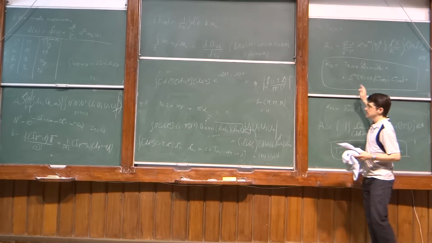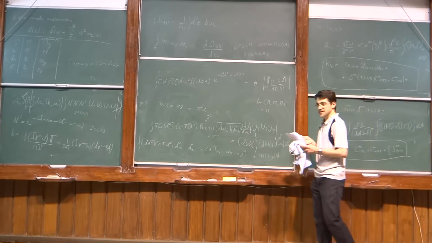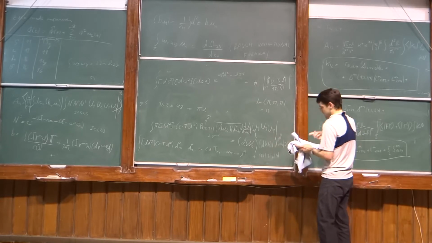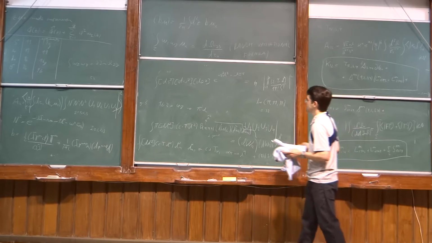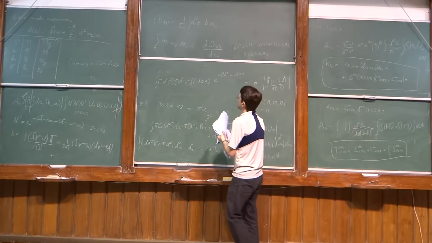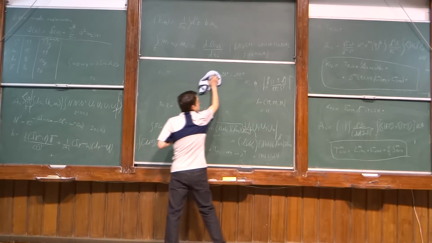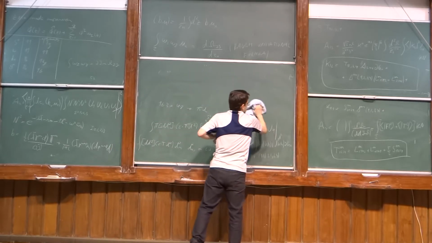But these are done in the appendix, and my short-term memory didn't arrive at that part of the paper, so I don't remember everything by heart. So I'm just going to write down the result.